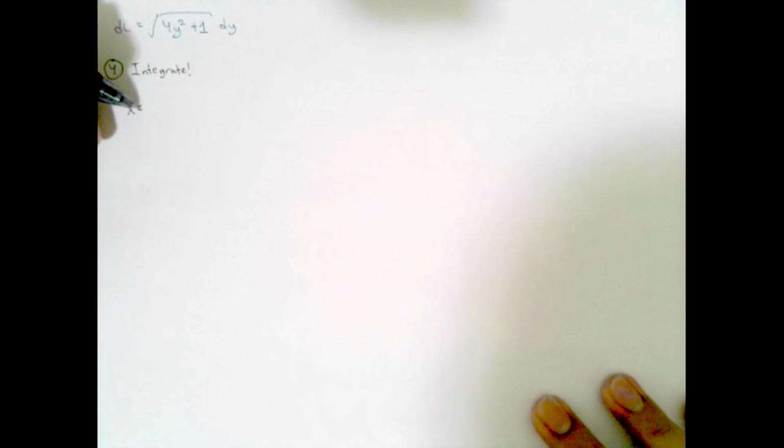And now we can go to our final and easiest step, which is to integrate. We want to find the location of the centroid. So we know that x bar is equal to the integral of x squiggly dl over the integral of dl. Okay, so what is x squiggly?